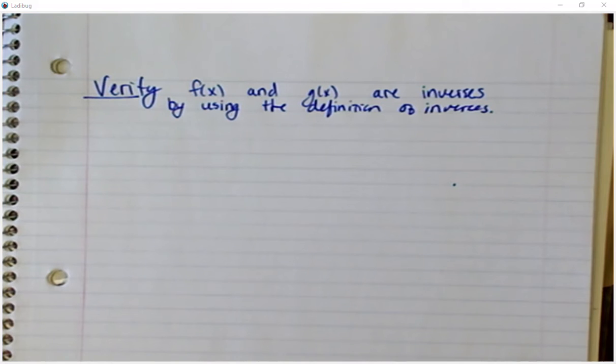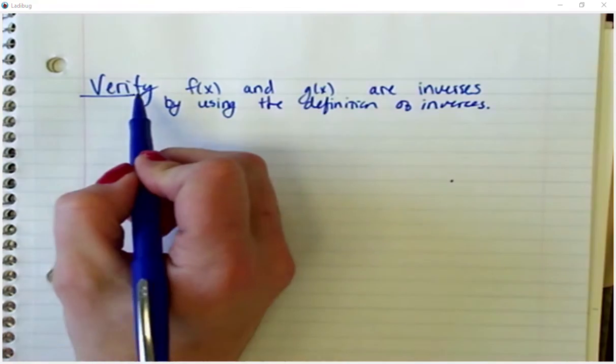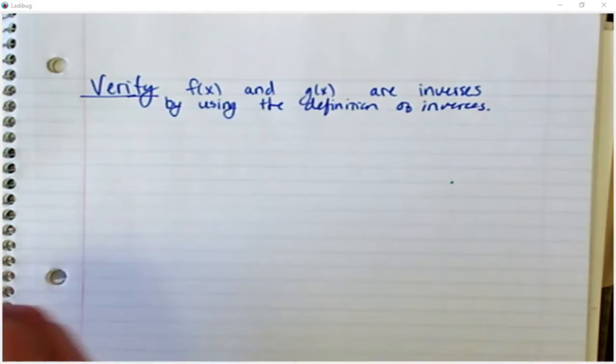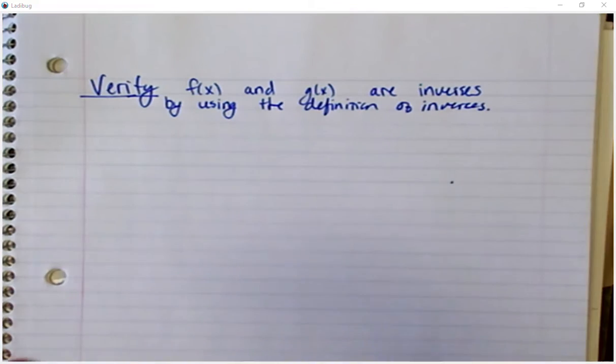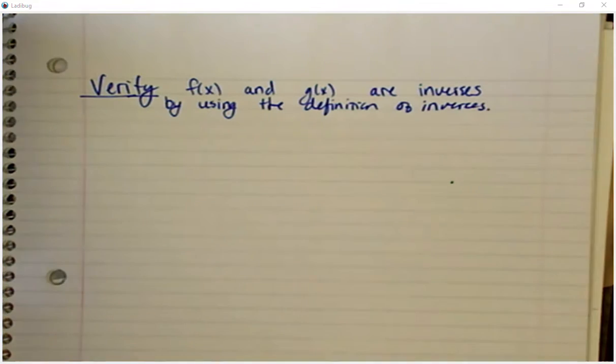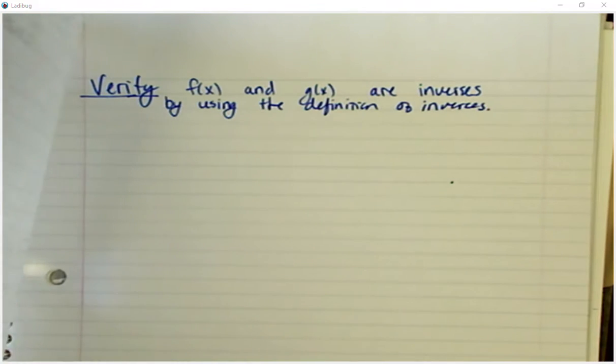Notice switching x and y, showing graphically, that is not the definition of inverses. That's just examples of how it works. So when I say verify f and g are inverses by the definition, I mean the composition. That's what I mean when I say those words.